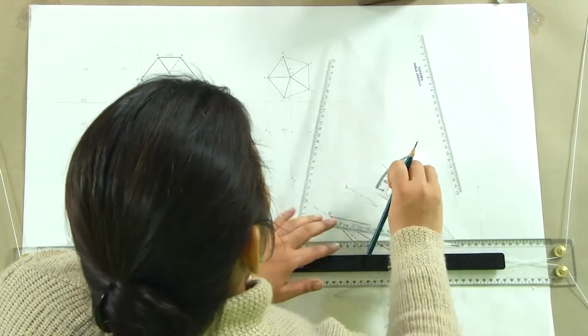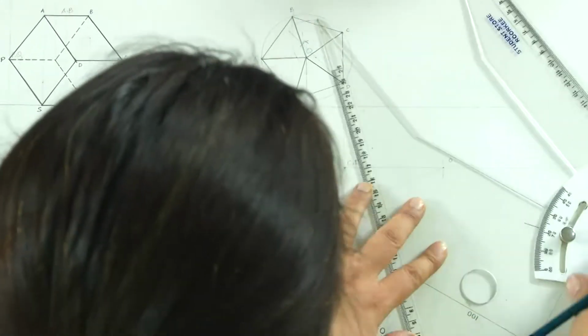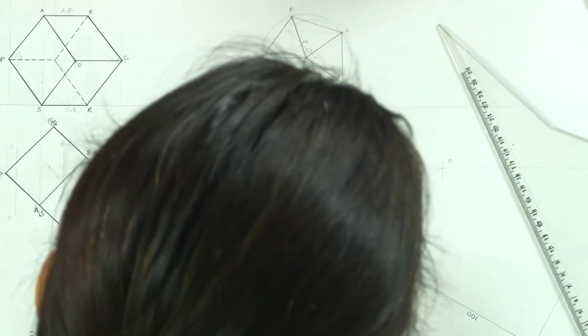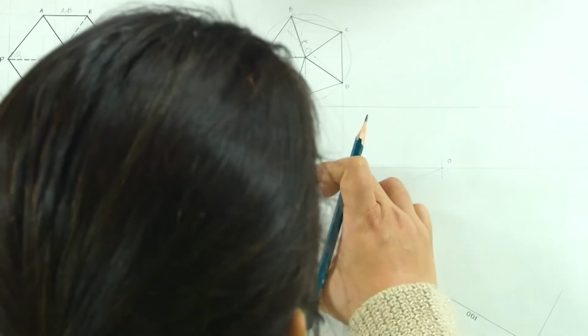So what we did, we will set our set square in such a manner that we get this angle, and then we will have to make a line which is perpendicular to this line, which is OE.